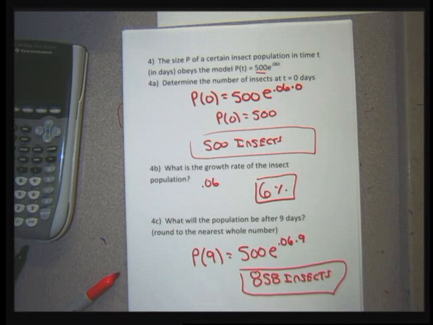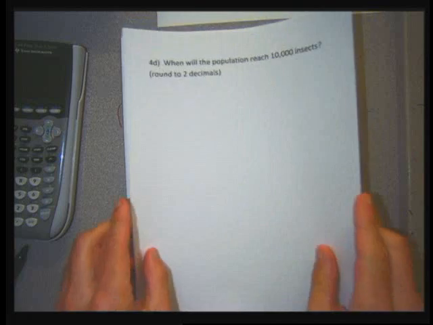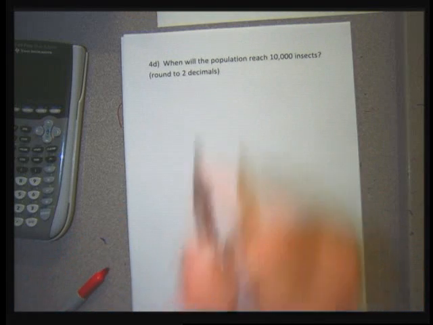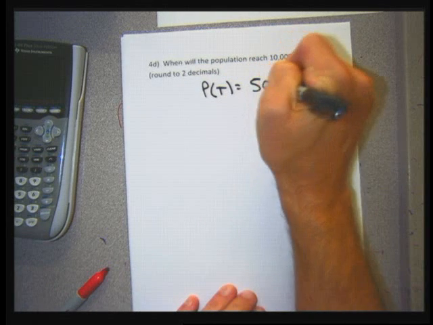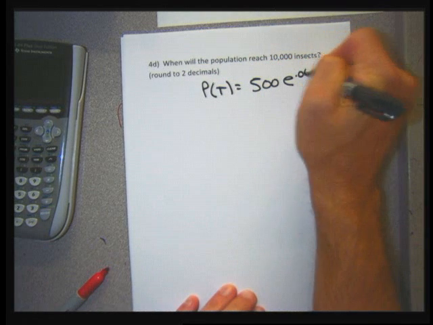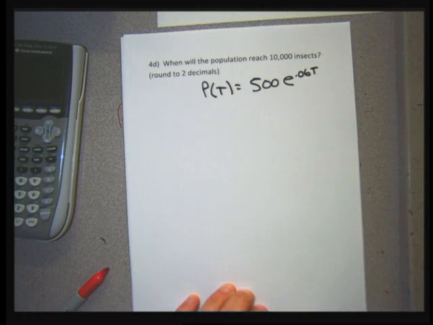The next 2 parts are going to require algebra, if there are 2 parts. Maybe there's only 1, but I imagine there's 2 parts. And in order to do the algebra, I still have to have the formula. So part D, I still need this formula, P of t equals 500 times e to the 0.06t. This asks me, when will the population be 10,000?